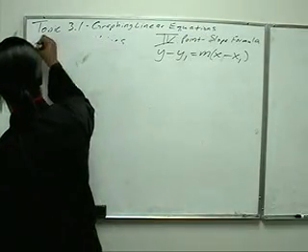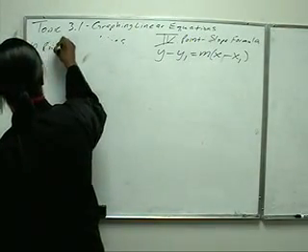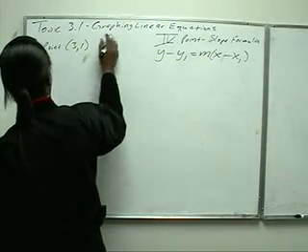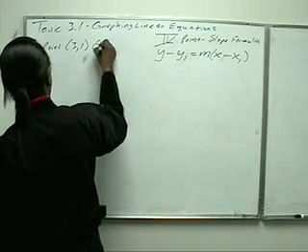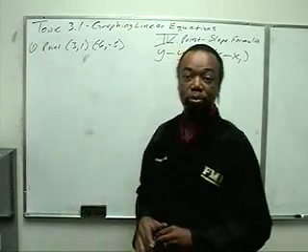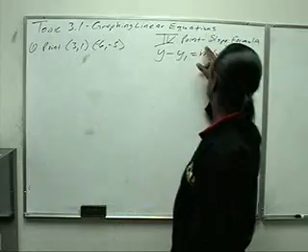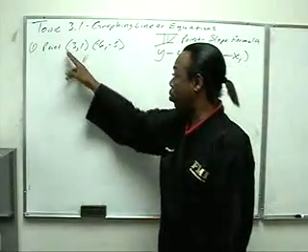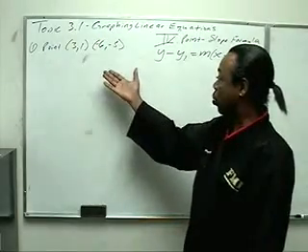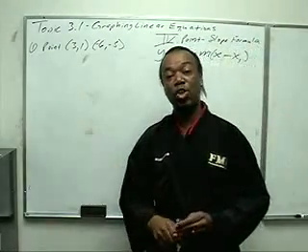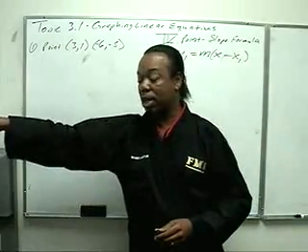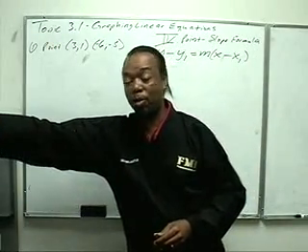Let's say we have the points (3, 1) and the point (-6, -5). And we want to make a line out of this. Well, the formula here says we need a point, so we do have a point right there. But we also need a slope. There is no slope there. So I'm going to go back and use my slope formula to develop the slope, and then I can use my point-slope formula.